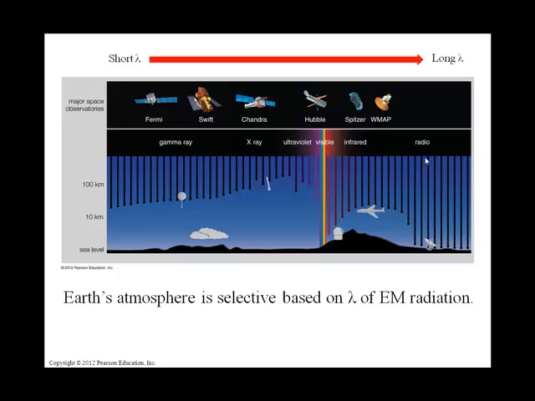So here you see the Fermi, the Swift, the Chandra, Hubble, Spitzer, and WMAP. These are all telescopes that looked at these various regions of the electromagnetic spectrum, these various energies, and they did so beyond Earth's orbit.